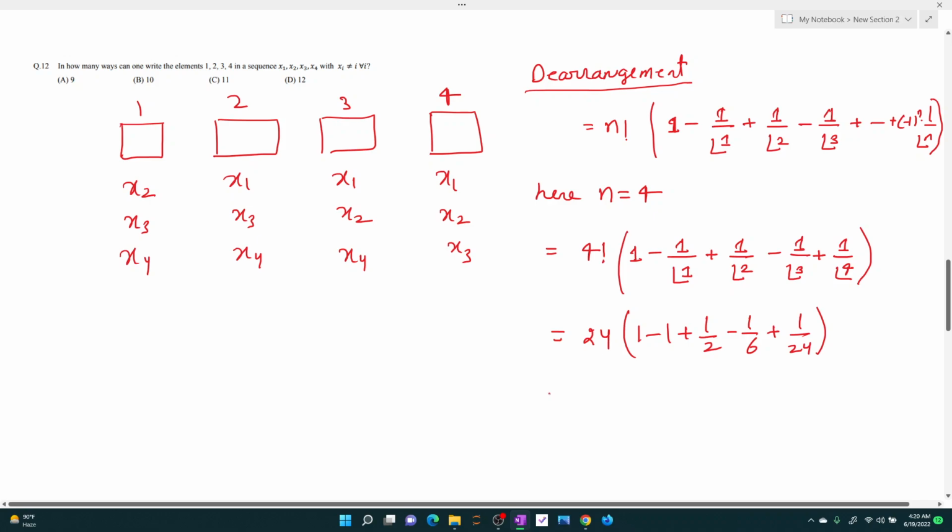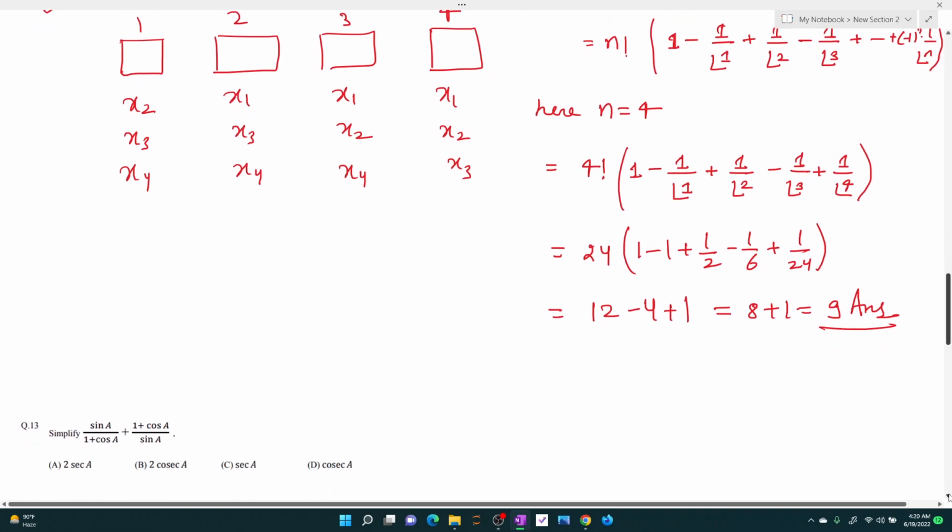So when we multiply with 24, this comes out to be 12 minus 4 plus 1, right? So it is 8 plus 1, that is 9. So here 9 is the correct answer. So option A is correct here, right? Okay guys, let's move to the next one.